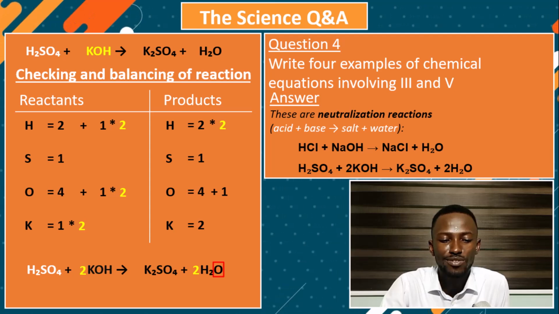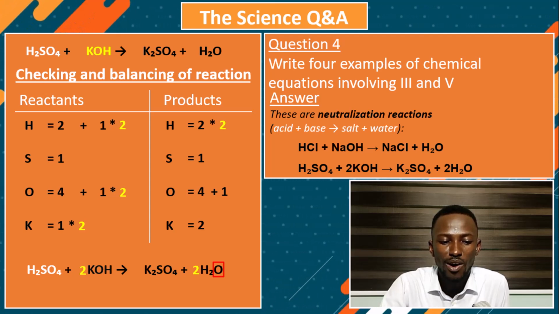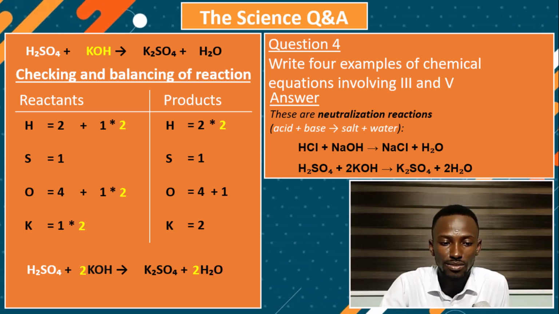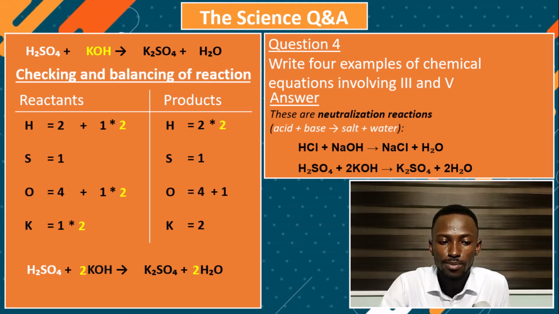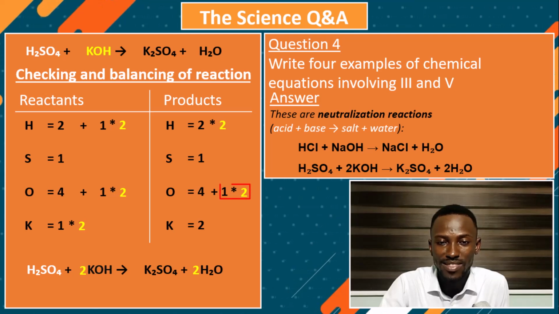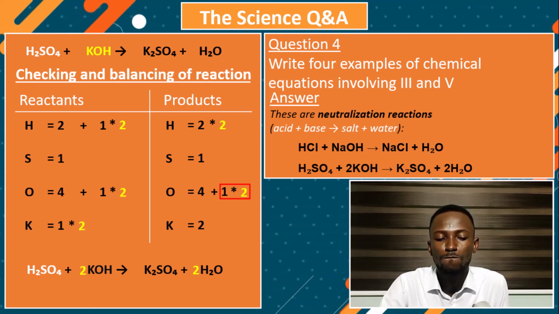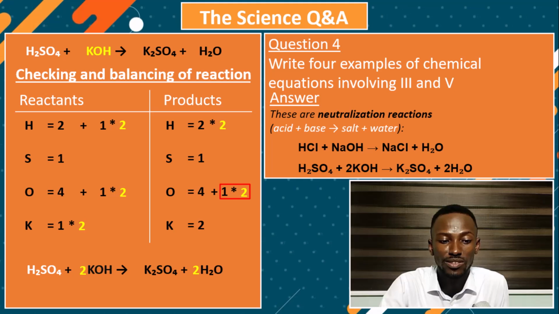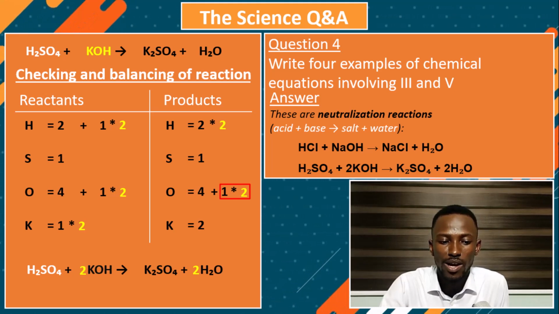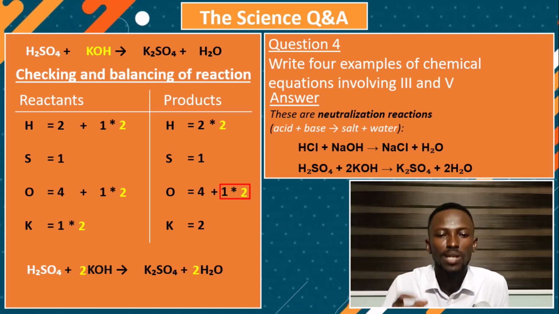So the hydrogen has become 4, but the oxygen attached to the water molecule also becomes times 2. So at the product side, the 1 over there also becomes 1 times 2, because that 1 oxygen is actually from water. So as we adjust the hydrogen, we have also changed something about the oxygen.